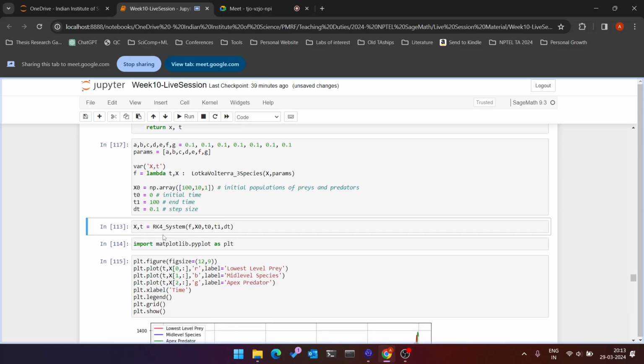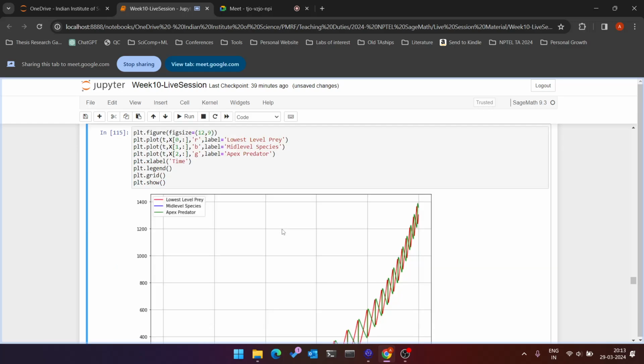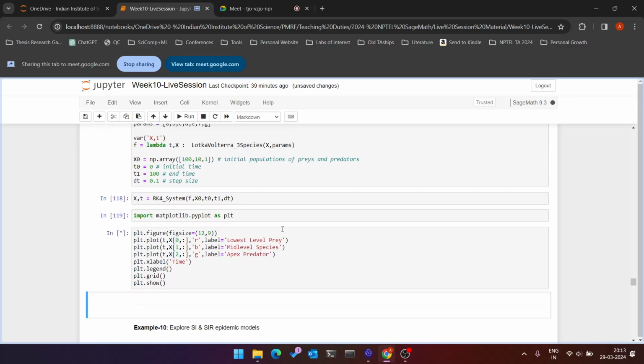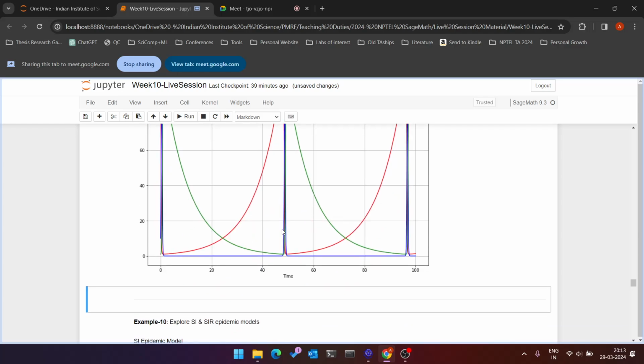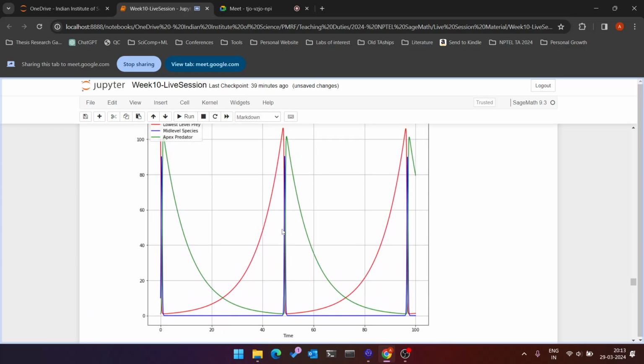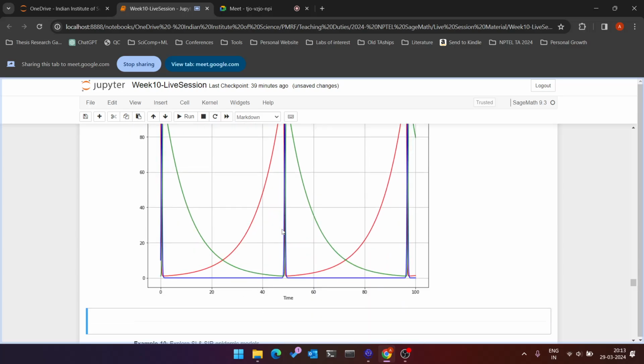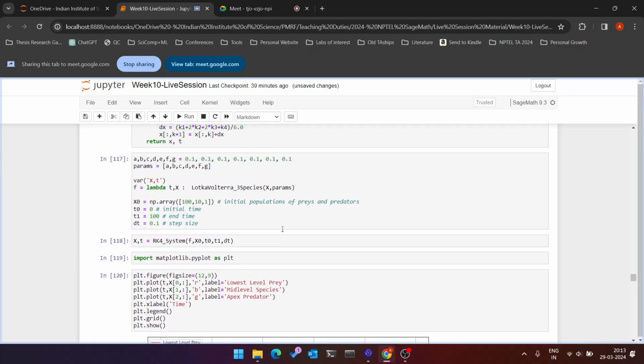Now I'll be calling my RK4 system function to calculate x comma t. And if I plot this function, this is how it looks. Okay, so this is a much steeper function.